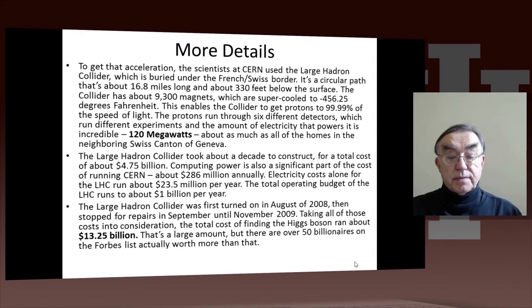And if you add up the running costs and the construction costs, they come to some $13 billion, and that's what it took to find the Higgs. That sounds a big number, but there are over 50 individuals with net worth of more than that. So it's probably a good investment.